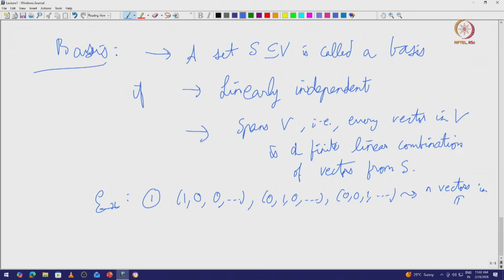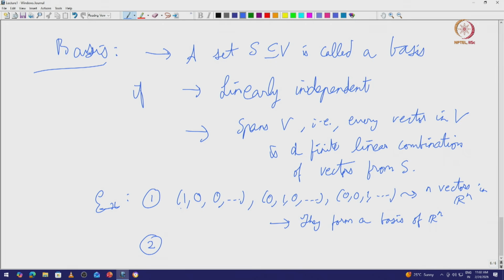There are n of them, and they form a basis of Rn. It's easy to see this. If you take any linear combination of these vectors and it's 0, then we can see easily that each of these coefficients is 0, and moreover every vector can be written in terms of these. So, this forms a basis.